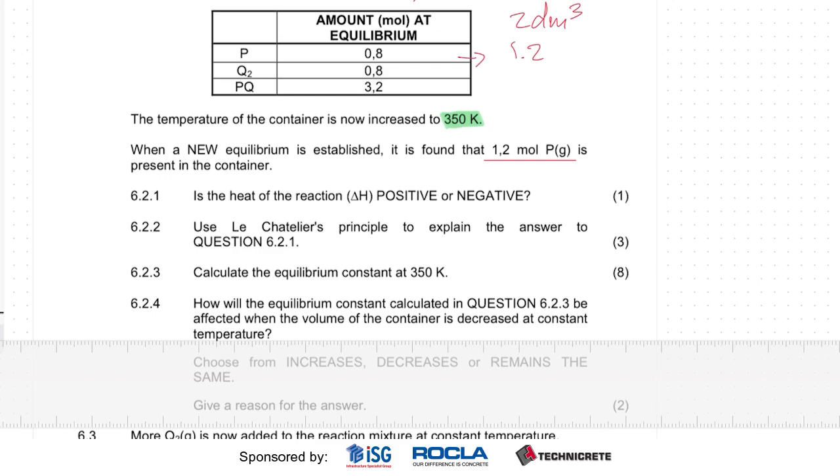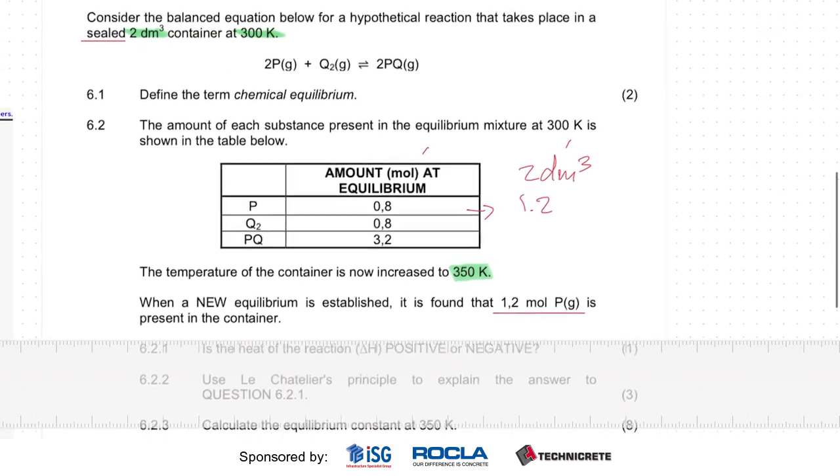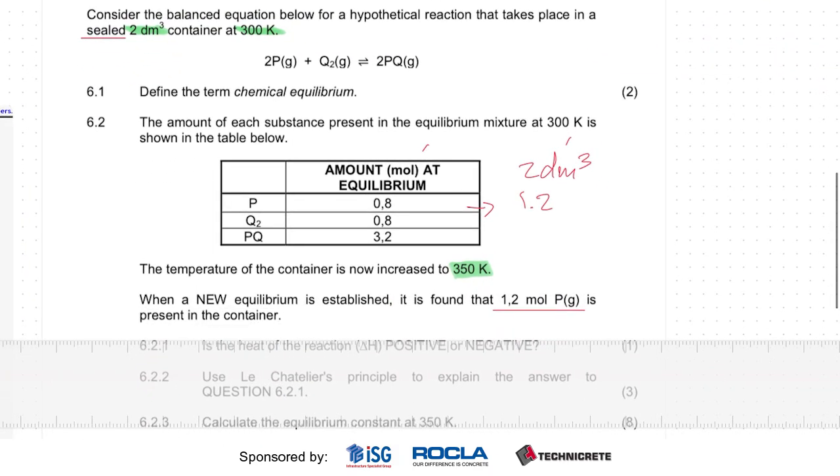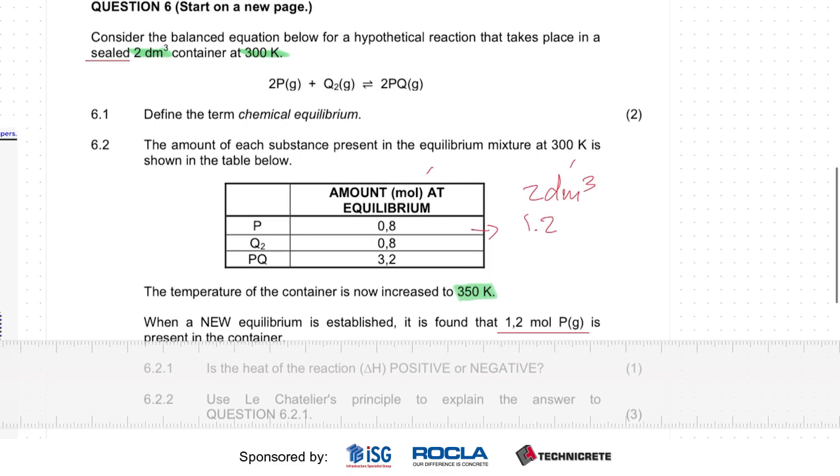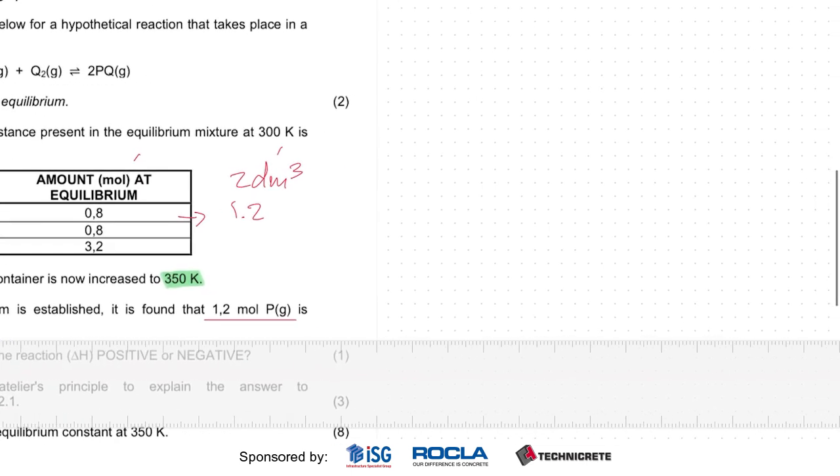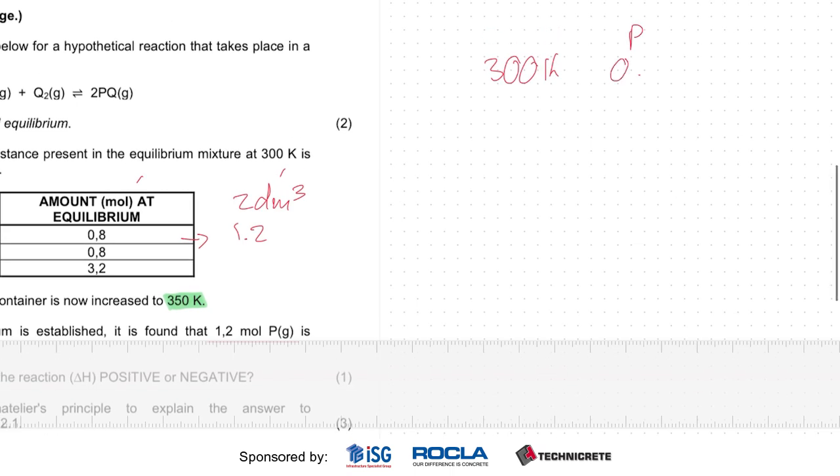Is the heat of the reaction positive or negative? Here we have to apply Le Chatelier's principle. We can see that at a lower temperature, there was less of P. At 300 Kelvin, P equaled 0.8 moles, and at 350 Kelvin, P equaled 1.2 moles.